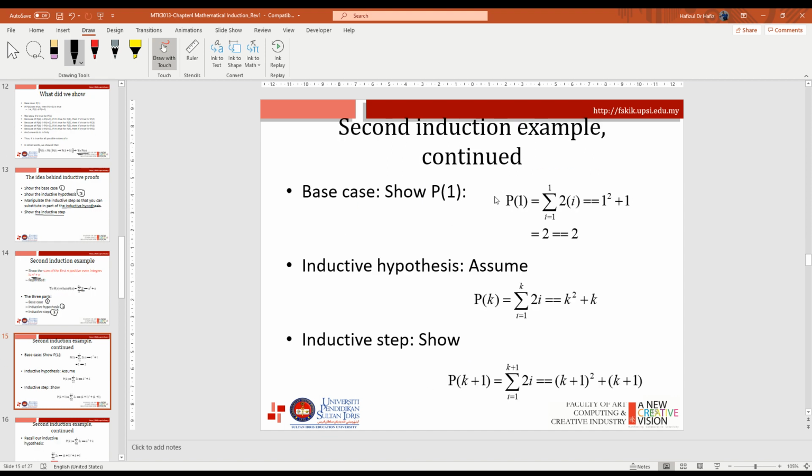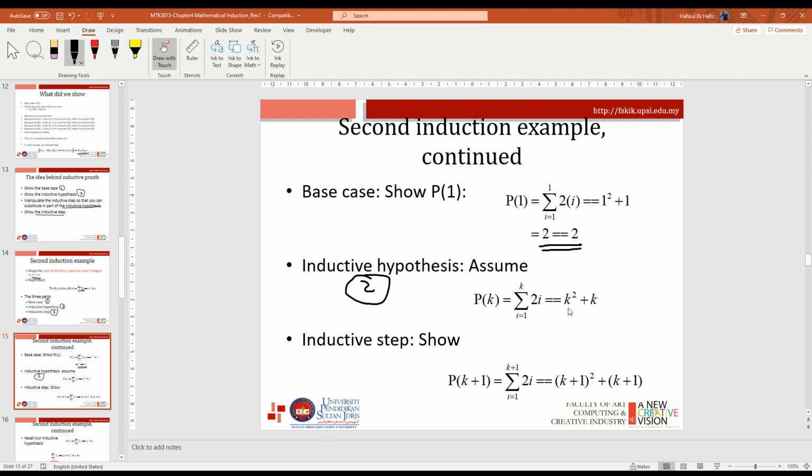Okay, so for the base case, we replace by P1, we got the same. This one must be the same. For the second step, we assume, we replace by the k.